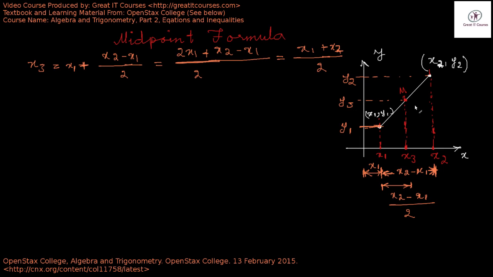Now, the only thing that I need to figure out is how to get from the origin to y3. So in order to do that, first I need to get to y1, which is already solved. But the only thing that I need to figure out is how to get from y1 to y3. That I don't know. But the thing that I do know is the distance between y1 and y2.